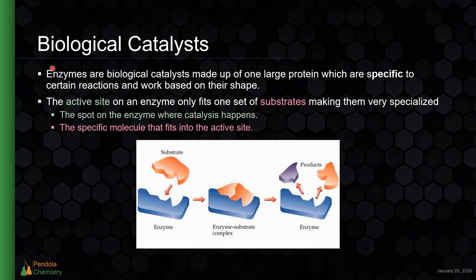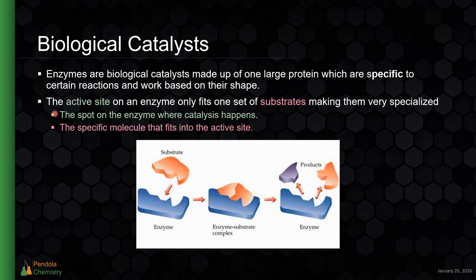So enzymes are what we call biological catalysts. They're made up of one really large protein, which are very specific to certain reactions and work based on their shape. Now, a large protein that is an enzyme has what we call an active site, which is the spot on that enzyme where the catalysis happens.